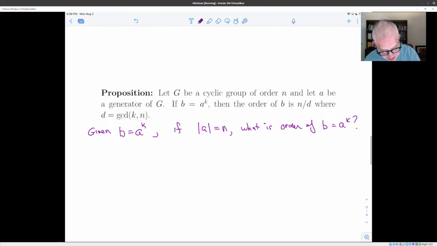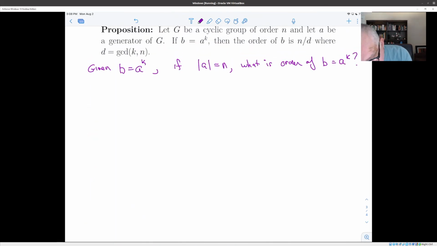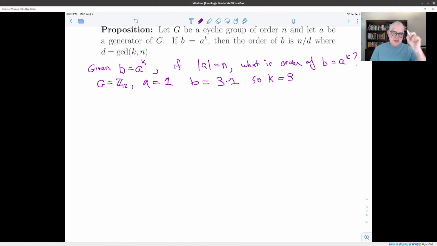And in the context of this result here, if G were Z12, and A was 1, which is a generator of Z12, and B is 3 times 1, so K equals 3. Remember that here we're writing the group law additively. So instead of writing 1 cubed, we really mean 1 plus 1 plus 1, not 1. So that's important to keep track of.